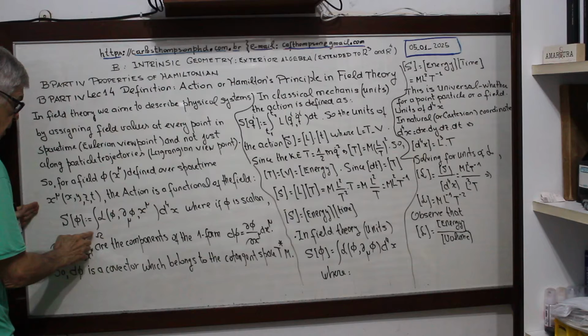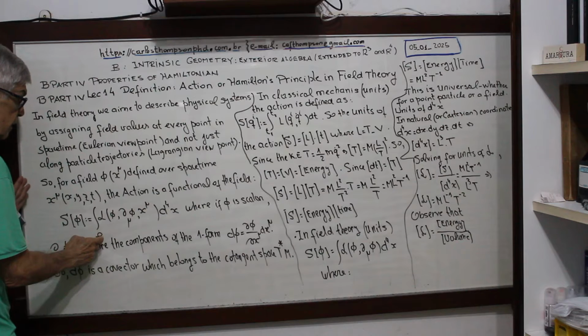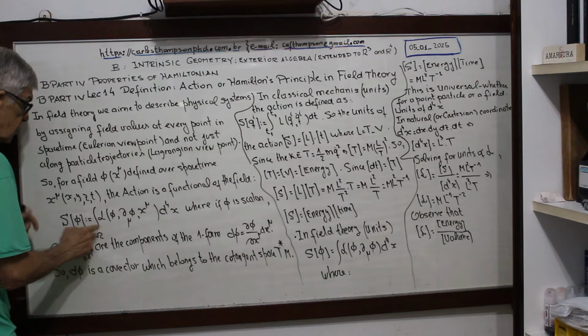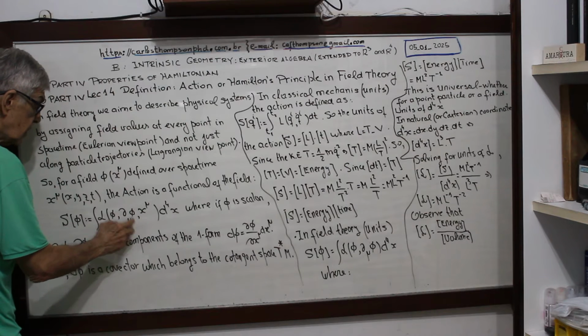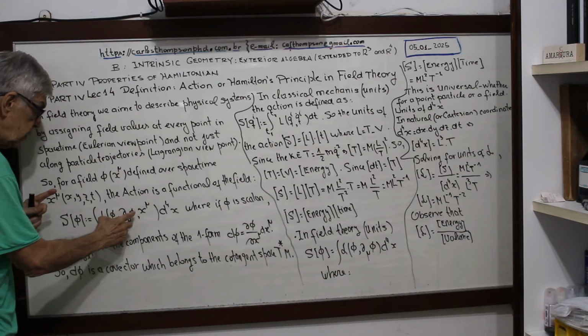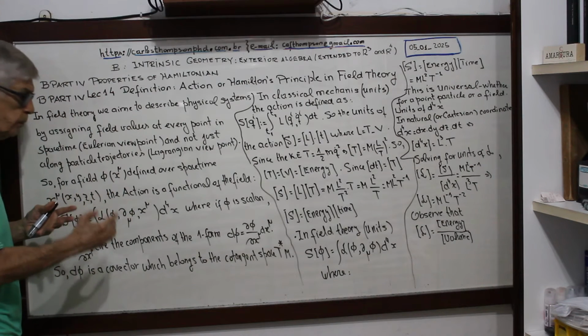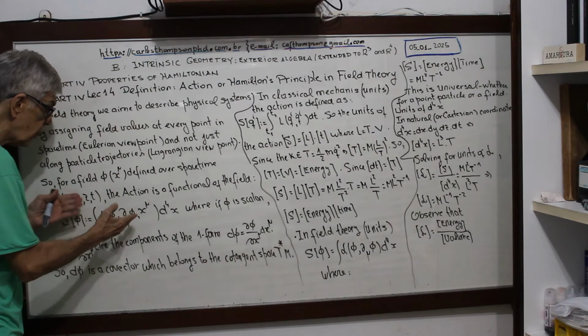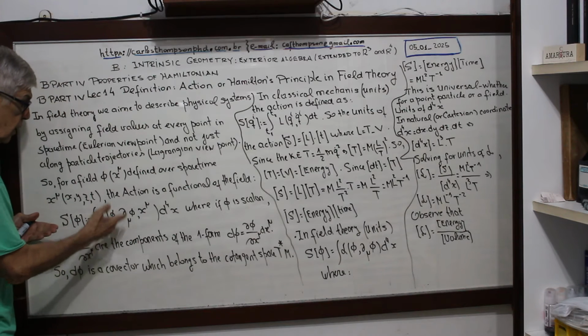S of phi is the integral, where this omega represents the four-space, of the Lagrangian of phi. If phi is a scalar, the partial of phi with respect to x mu are components of a gradient.